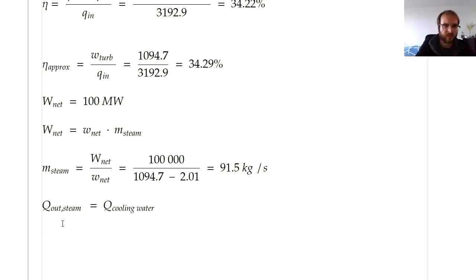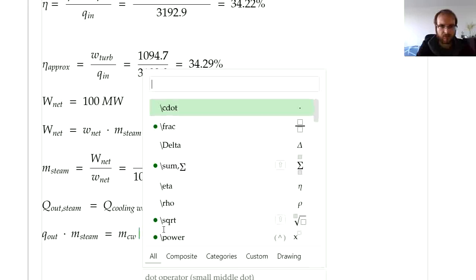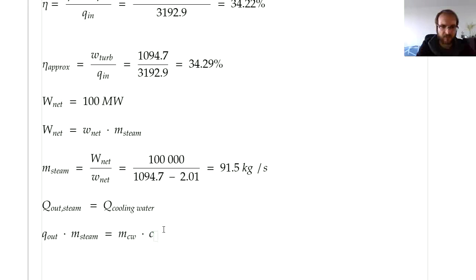The heat rejected by the steam is Q out multiplied by the mass flow rate of the steam, and for the heat of the cooling water, we can use the calorimetric equation, where we have the mass flow rate of the cooling water multiplied by the specific heat capacity of the water and multiplied by the temperature difference of the cooling water.